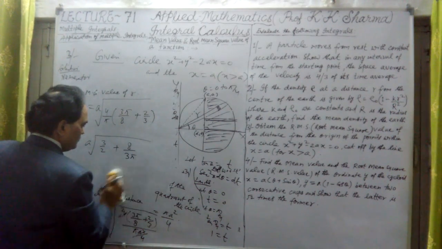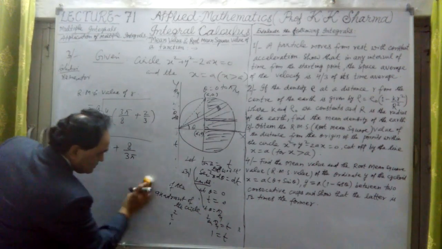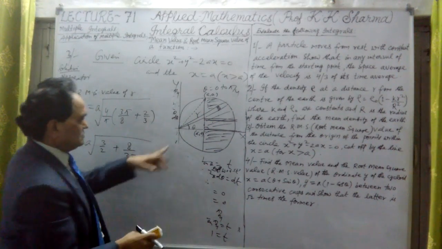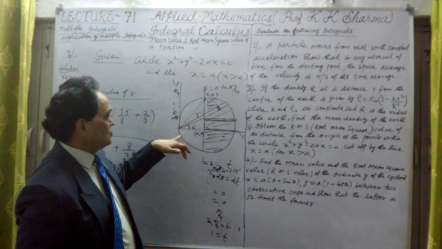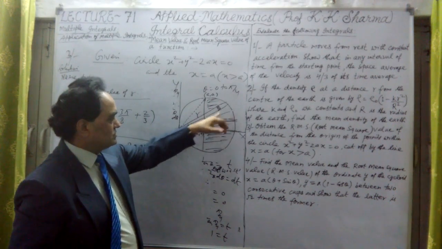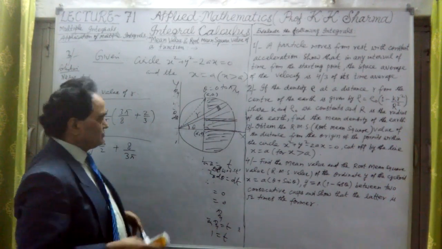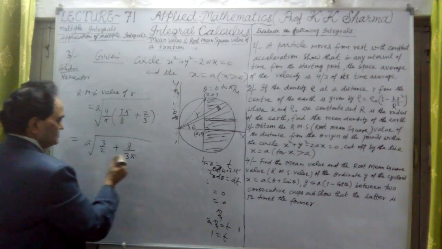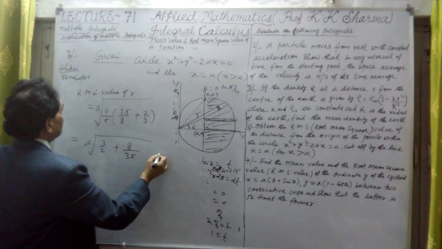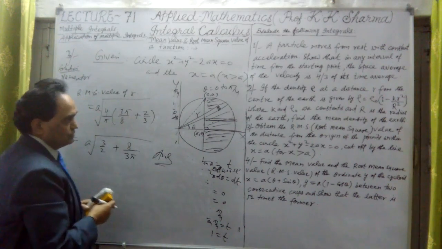So this is the value of the distance R of a point inside this quadrant from the origin. That is the distance R here. This is the value of that. This is the answer here, the root mean square value.